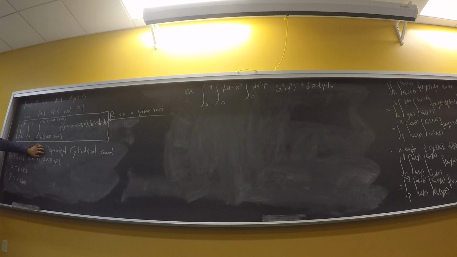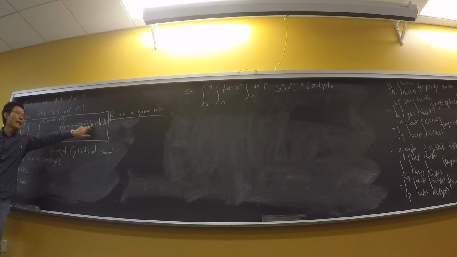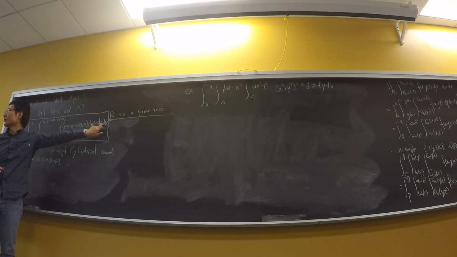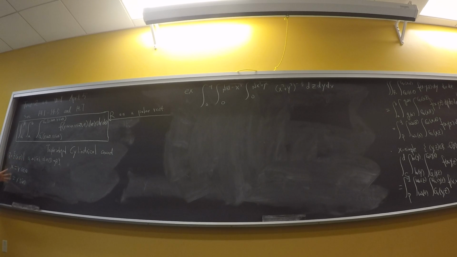I don't want to scare you by introducing another coordinate system. If we decide to call it a cylindrical coordinate system, you should always keep this in mind: it is nothing but a z variable plus polar coordinates. The z variable stays as it is, and for x, y, I use r and theta. That's all. You can call it cylindrical if you want, but it's just z plus polar coordinates on that plane.